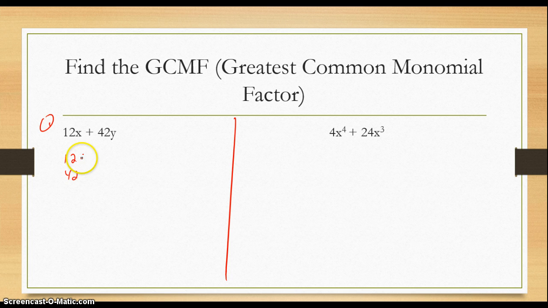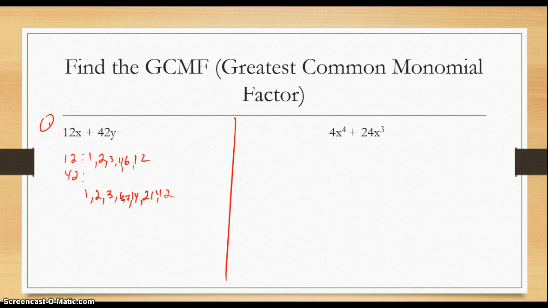When we looked at the factors of 12 and 42, we know 1 and 12, 2 and 6, 3 and 4. And when I look at the factors of 42, I know that 1 goes into it 42 times, 2 goes into it 21 times, 3 goes into it 14 times, and I know 6 goes into it and 7.